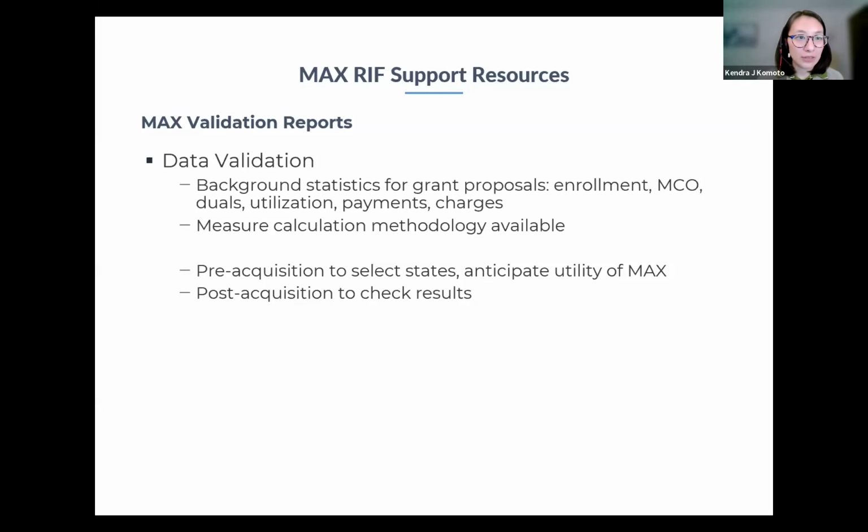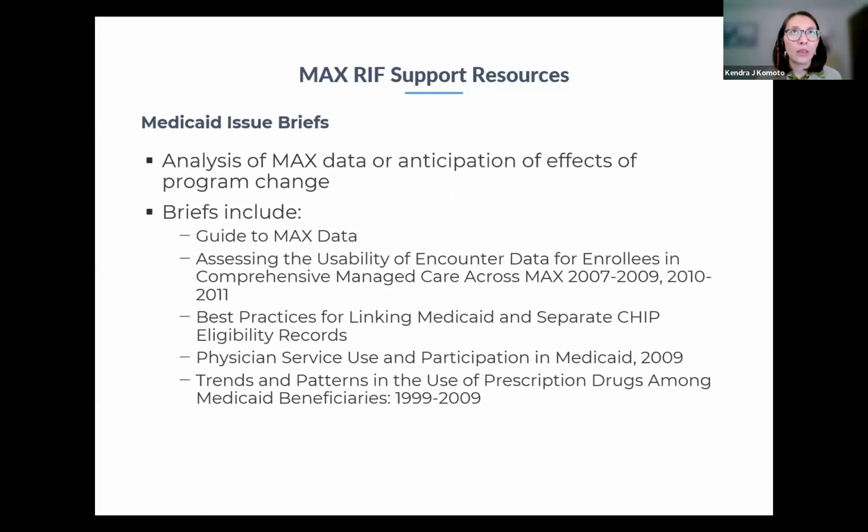So there's a summary of utilization, split into claims and encounter, looking at completion information, as well as a personal summary with summary utilization information, as well as some summary demographic information. So definitely worth looking into before your project is underway to decide if MACS will be useful for your study, and that can also be helpful to verify your results if you're using the MACS.